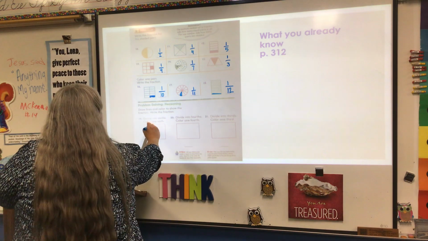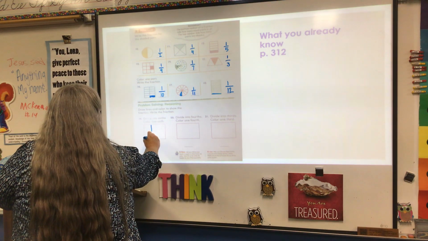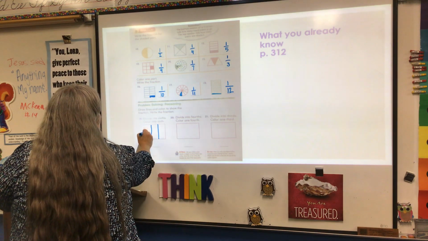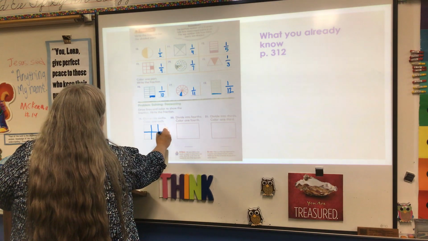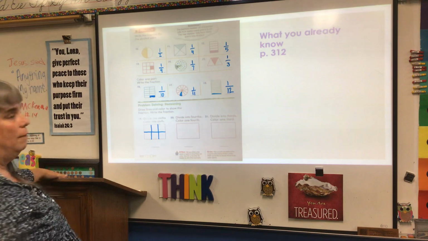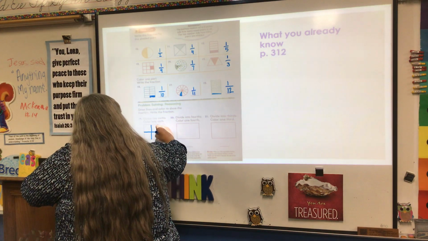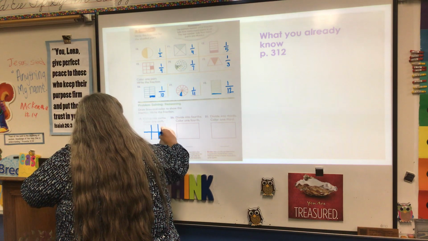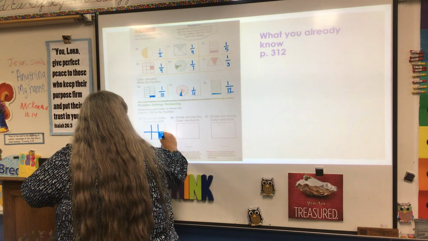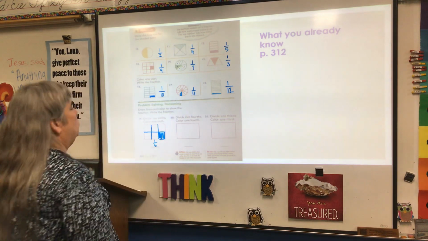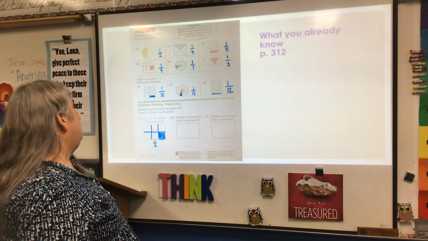So what I'm going to do, because I know 2 times 3 is 6, I'm going to divide it into thirds first, and then I'm going to divide that right down the center. So now I have 6. And I'm just going to shade in 1, because it says color 1/6. And then I'm going to write my unit fraction, 1/6.